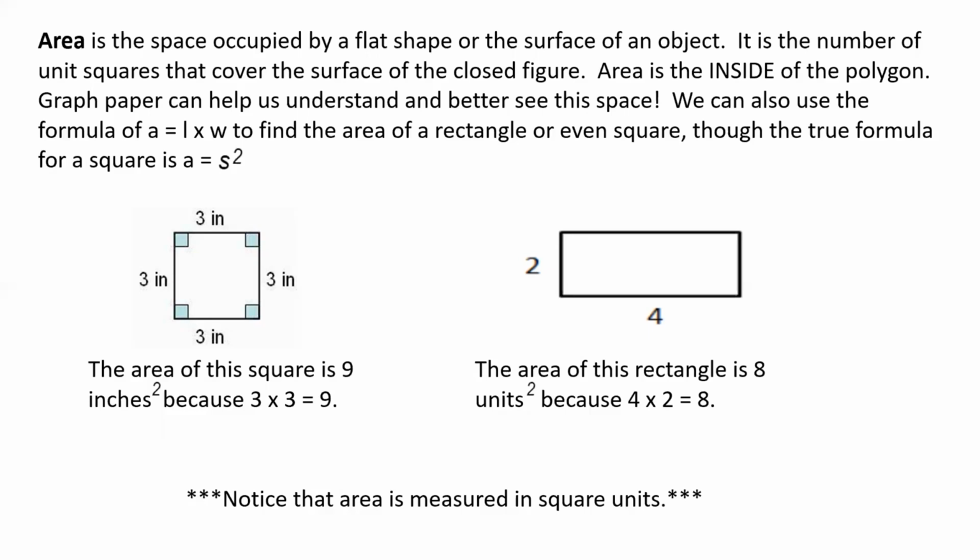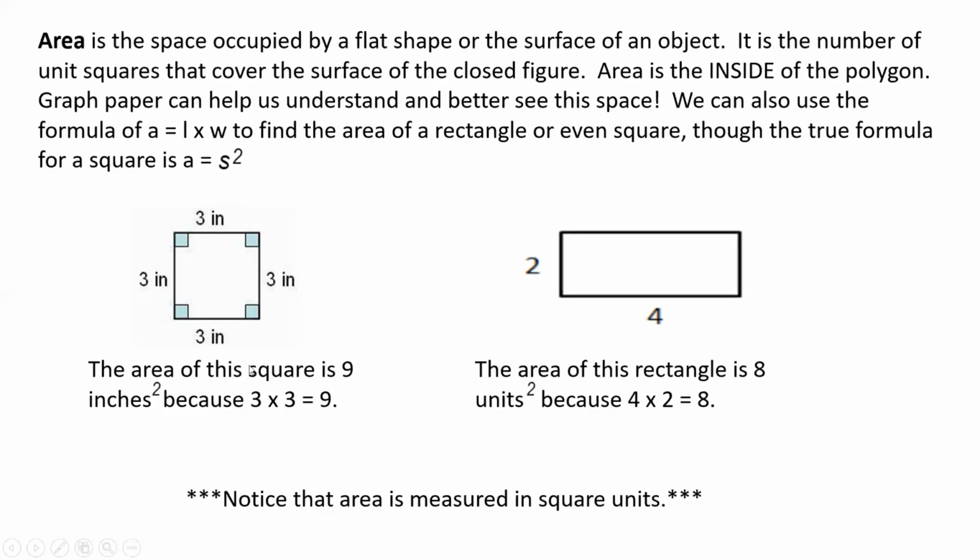We can also use the formula of length times width to find the area of a rectangle or even a square, though the true formula for a square is A, or area, equals side squared. So that'd just be side times side.